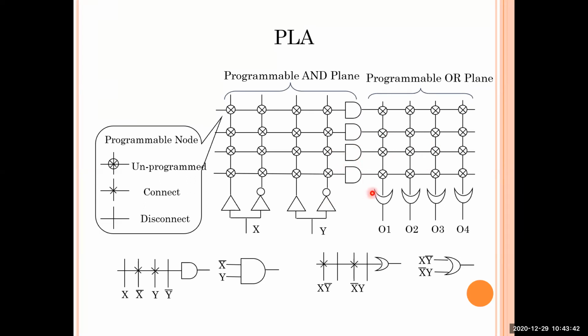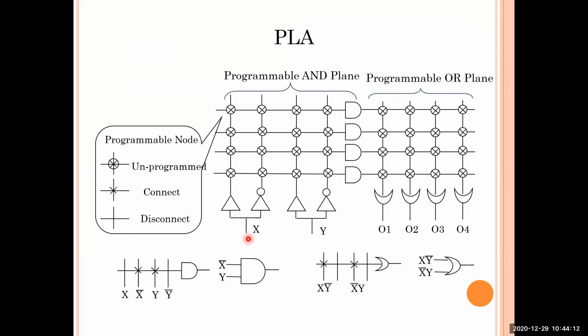Excuse me, sir, what is the use of X and Y, sir? See here, just to make you understand, I have given these examples. In this particular diagram I have two inputs. If I had taken an example of a Boolean equation like AB plus CD, then you would use four variables.